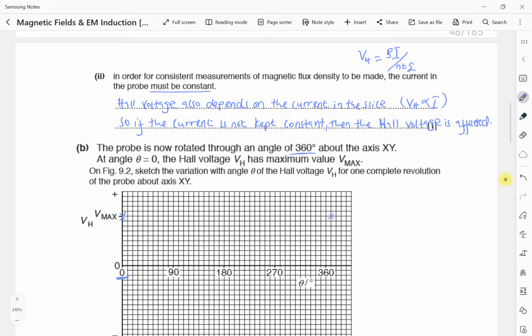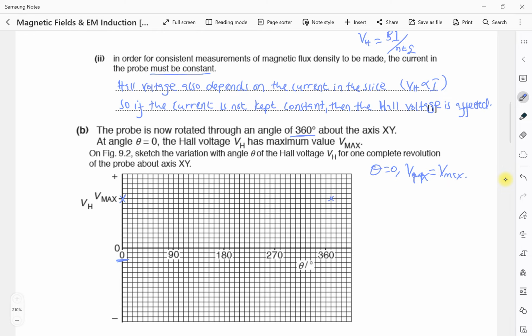Of course, we know that for theta equals 0, V_H equals V_max. So V_H in general is going to be B cos theta times the current, divided by ntq, because the component of the magnetic field perpendicular to the current is B cos theta.